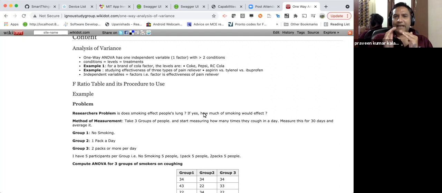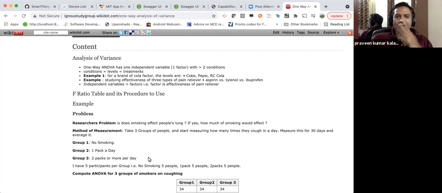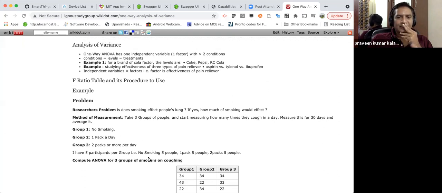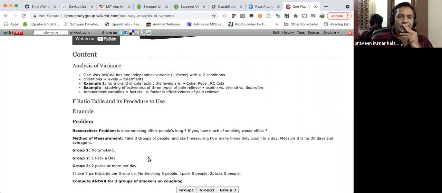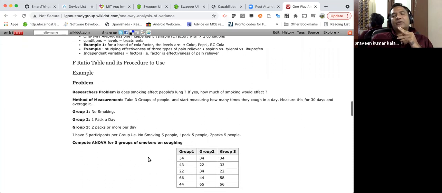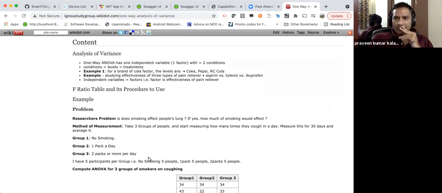Now let's take a few examples and see how we want to really do it, before we go into the process. Let's say you want to make a prediction on whether lung health is going to be good or bad between groups.